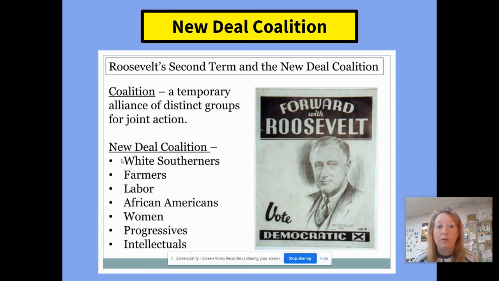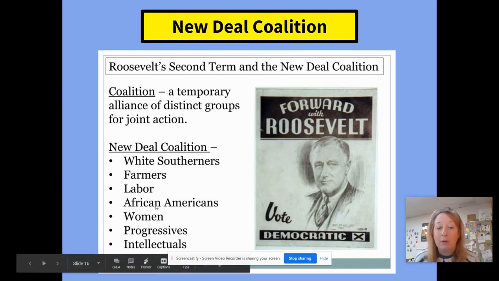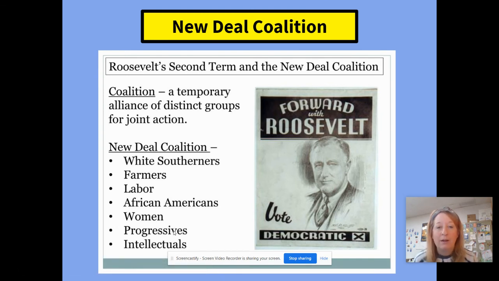Many white Southerners, specifically Southern farmers, are going to start to support FDR and Democratic candidates for all that he does for farmers. Labor unions do see an increase in membership, so many members of labor unions will support FDR and Democratic candidates. Many African Americans and women and progressives will do so as well. And so you start to see a shift of the types of Americans who support Democratic candidates.